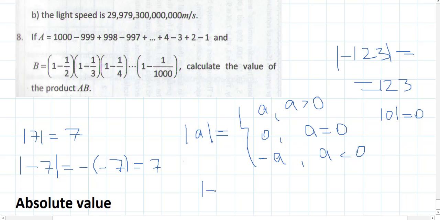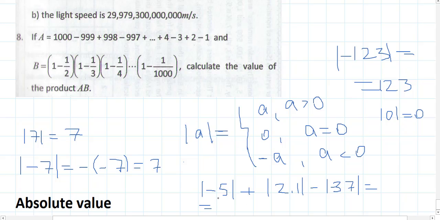For example, the absolute value of minus 5 plus the absolute value of 2.1 and minus the absolute value of minus 37, for example. And what do we get here?